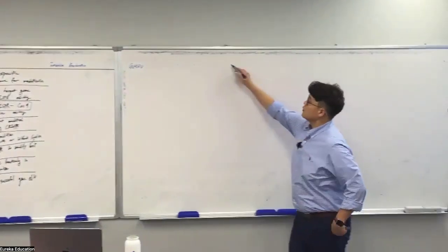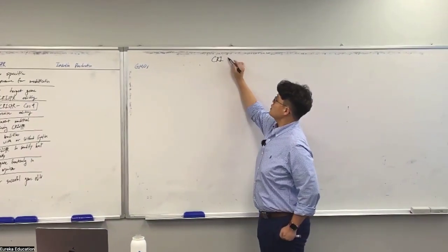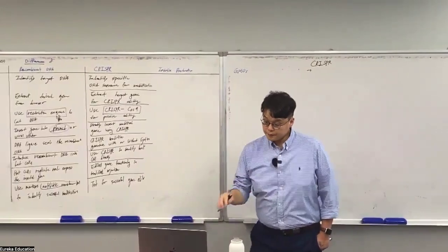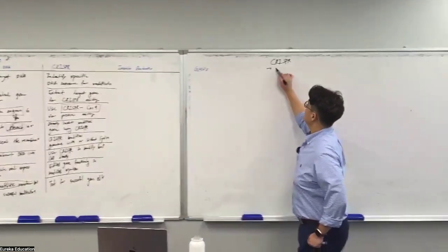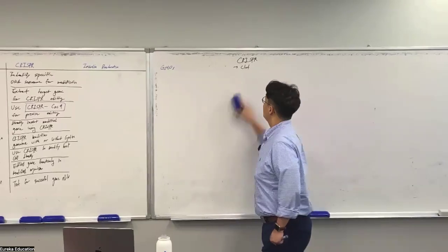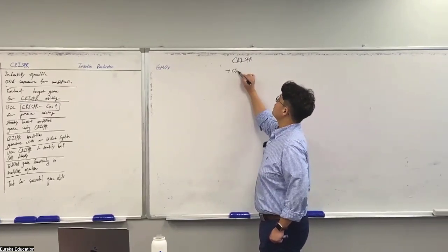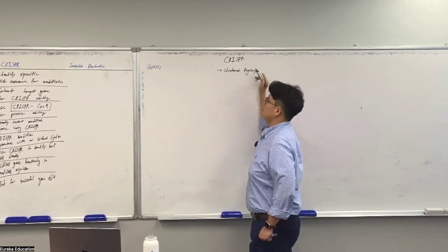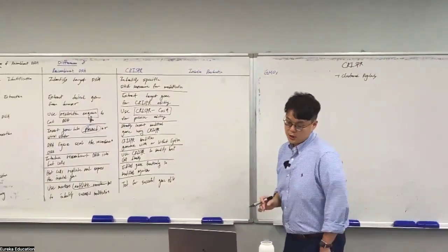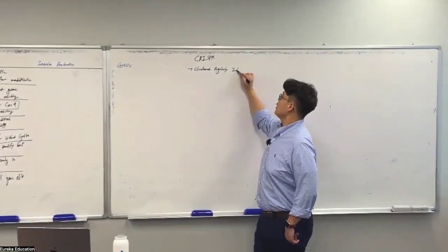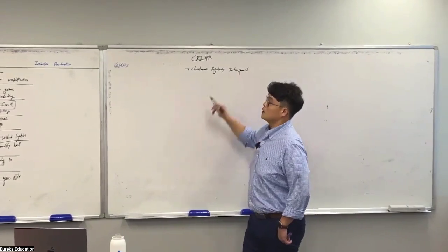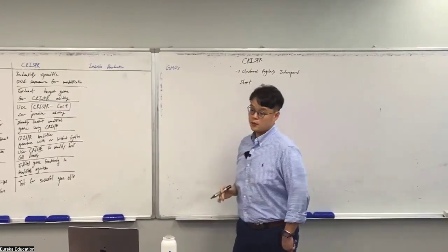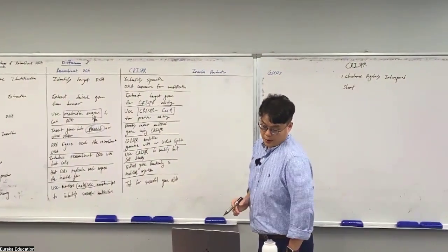Just give me the full name of the CRISPR here. Can you copy this one down, please? CRISPR is known as clustered, regularly interspaced, short palindromic repeat.